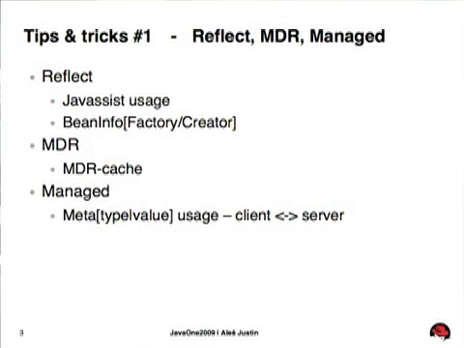The first tips and tricks I'm going to mention are from the Reflect, MDR and Managed projects. In the Reflect project itself, there's a reflection abstraction. Currently we're using the JDK's introspection, which is not that performant. But we have a Javassist-based implementation, which is at 80%.